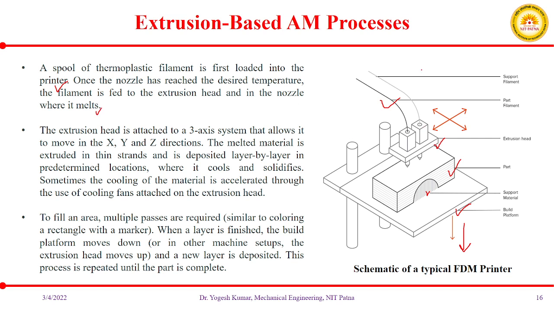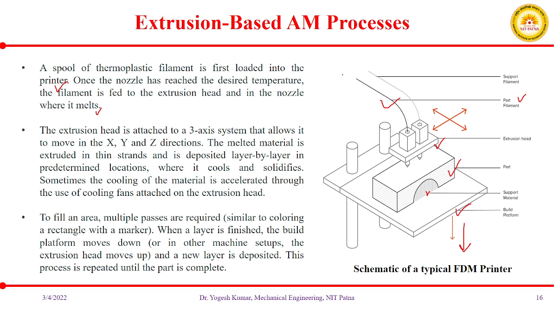This process we discussed in the previous lecture too: the thermoplastic filament is in the form of very thin wires, thin filament, and it comes in the form of spools, as in the figure if you remember from the previous slides. It comes in multiple colors; you can get the filament in any color as per your requirement.